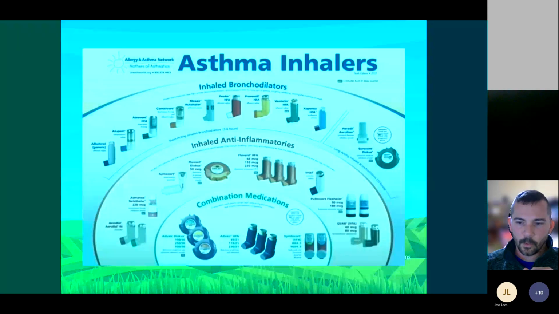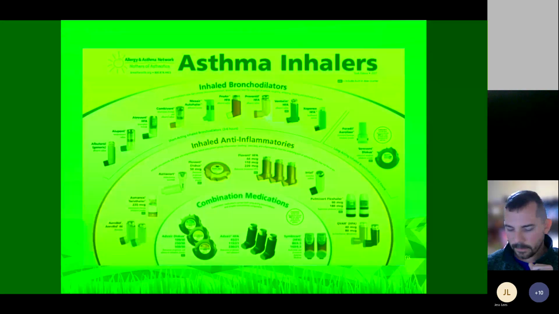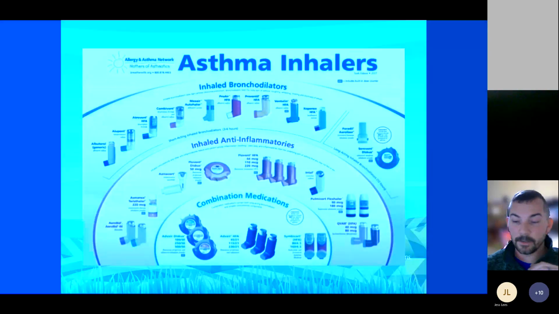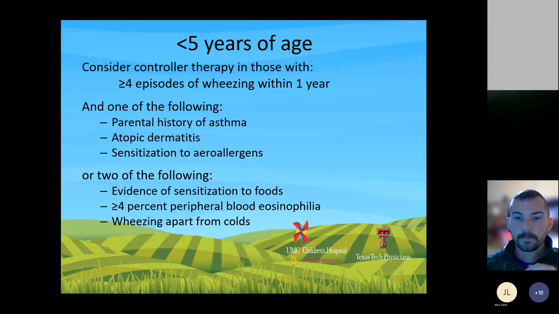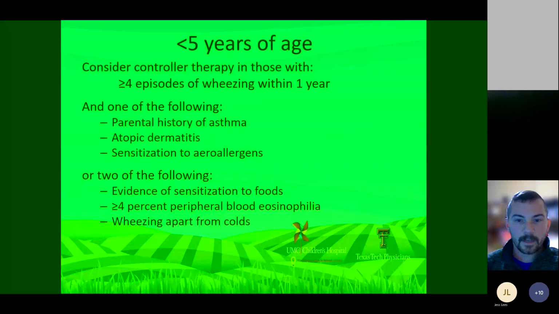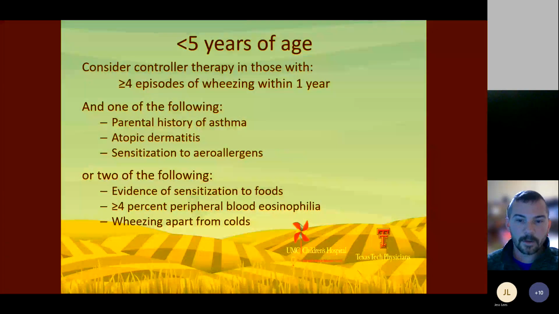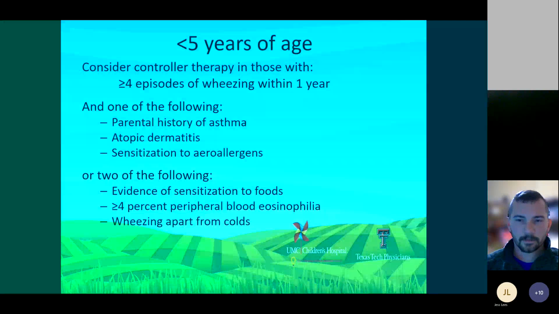And then of course our controller or a combination down here. I like Symbicort in my severely ill kids or who come to the ICU. I max therapy out every time, because I like a step down approach and our pulmonology team agrees. So quickly running through, almost out of time it looks like. Consider controller therapy in those with greater than 4 episodes of wheezing in a year. If they got admitted to the hospital for asthma, they need to be on a controller.